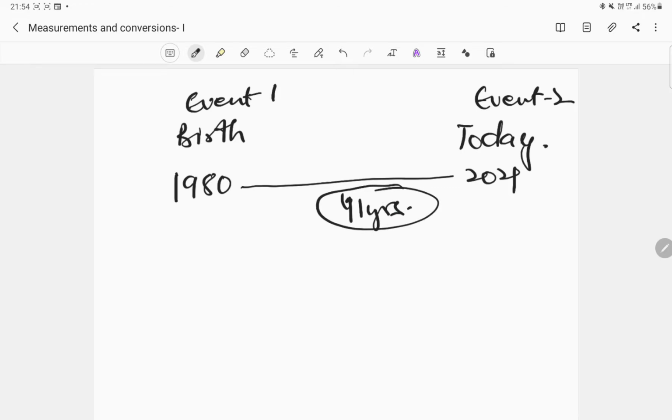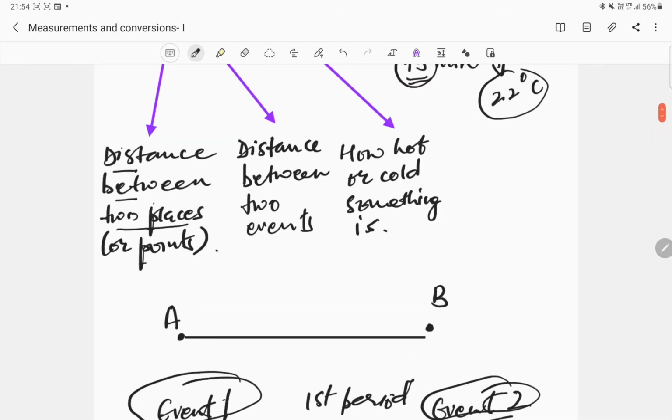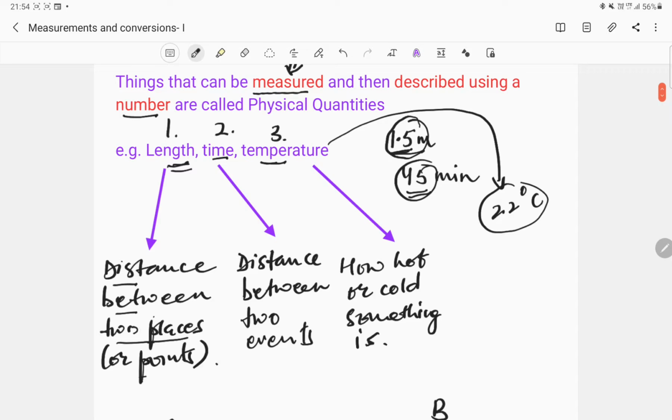And this is again time. So we'll learn more about time in our later classes, but at the moment, just remember that time is the distance between two events. What is length? Distance between two places or 2 points. And time is the distance between two events. And events are also called ghatna in Hindi.